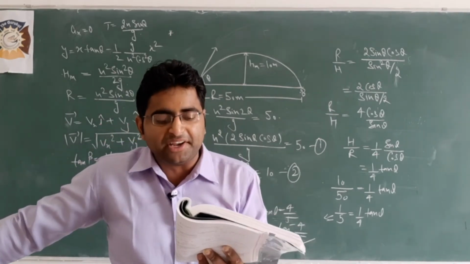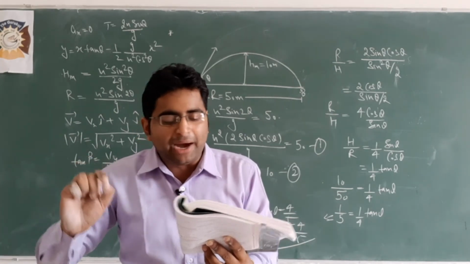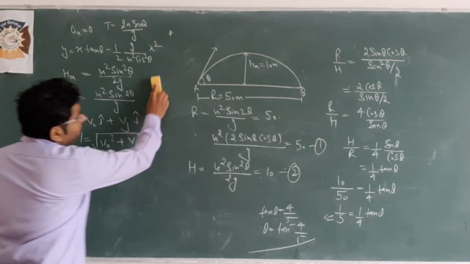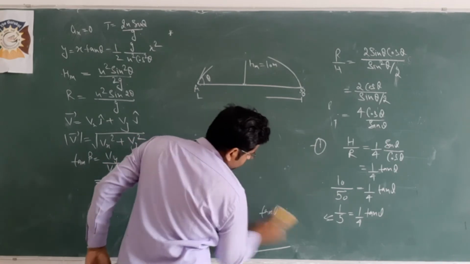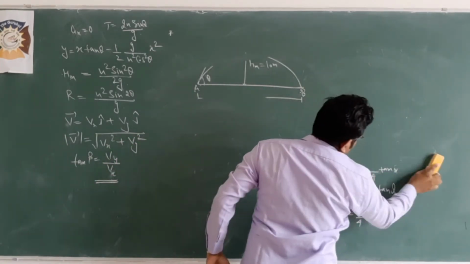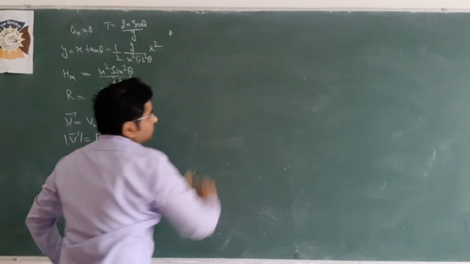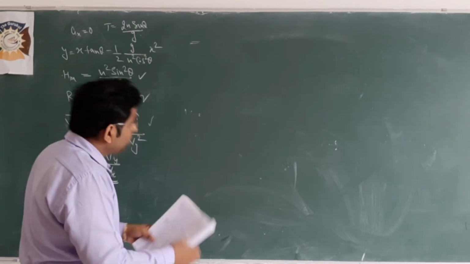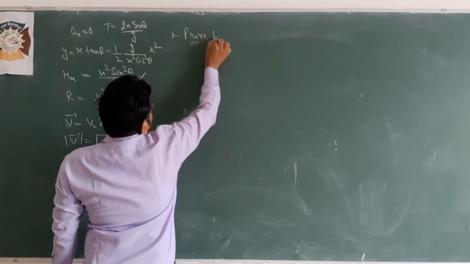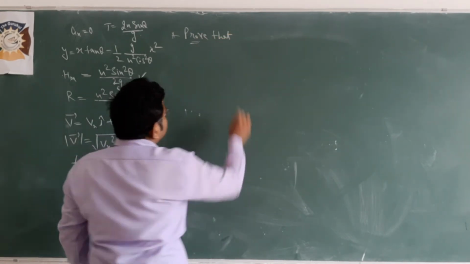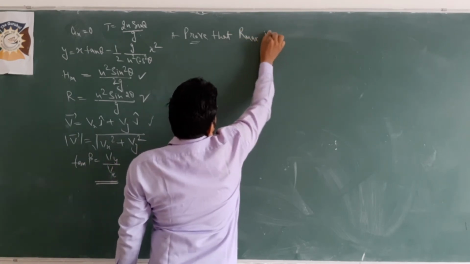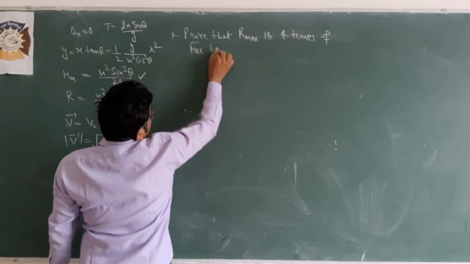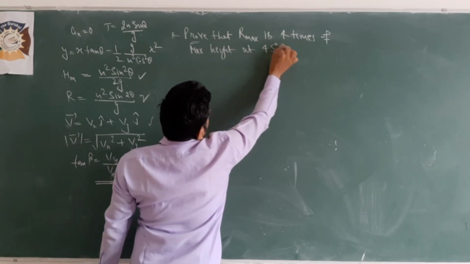Prove that the maximum horizontal range is 4 times the maximum height attained by the projectile when the angle of projection is 45 degree. ओके बेटा नेक्स्ट क्वेश्चन, prove that maximum horizontal range is 4 times maximum height at 45 degree angle.